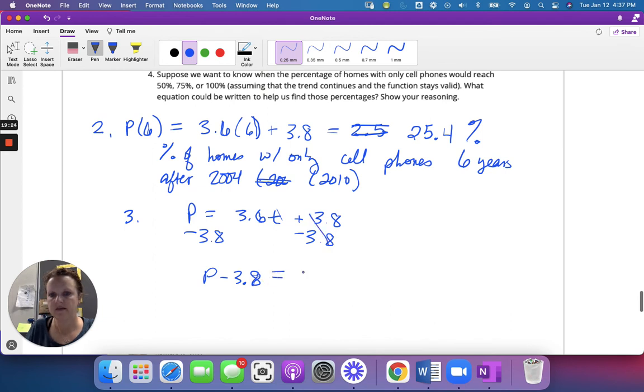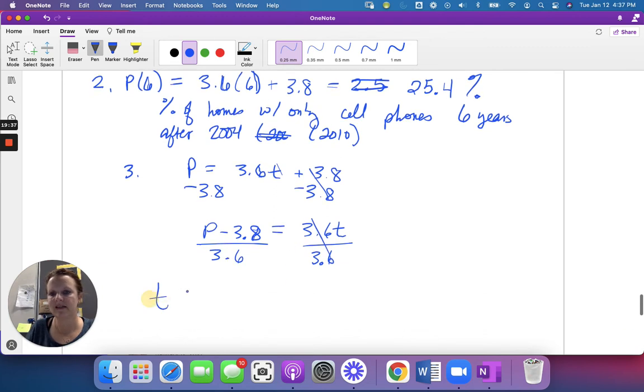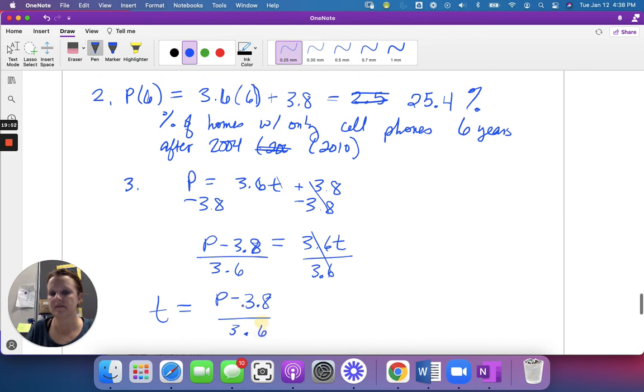And then divide by 3.6. So I get t equals p minus 3.8 over 3.6.